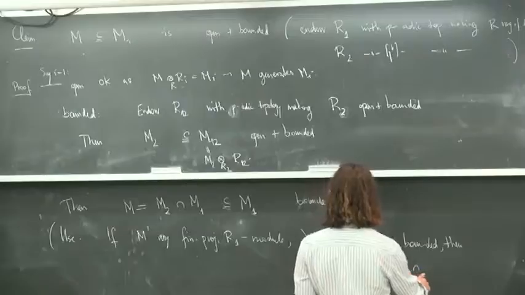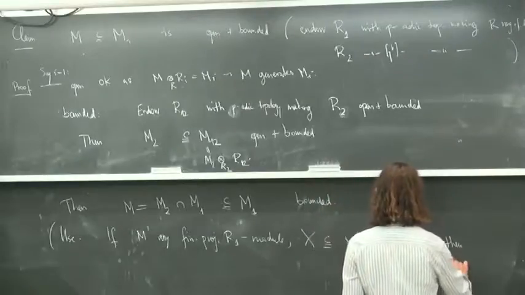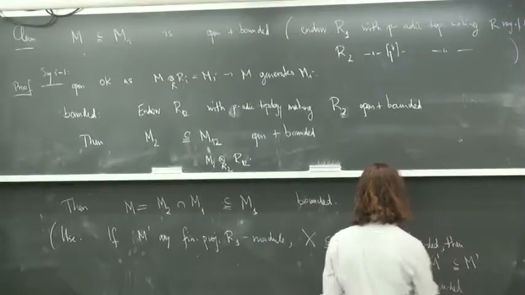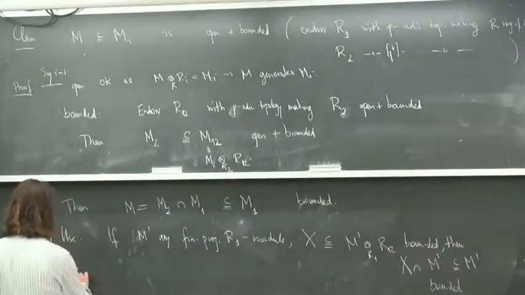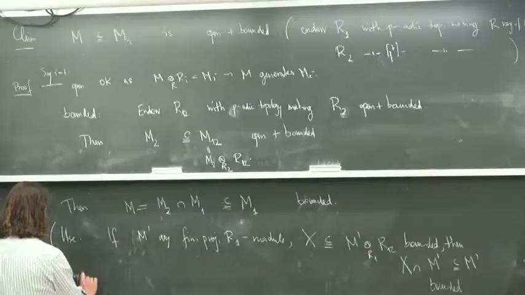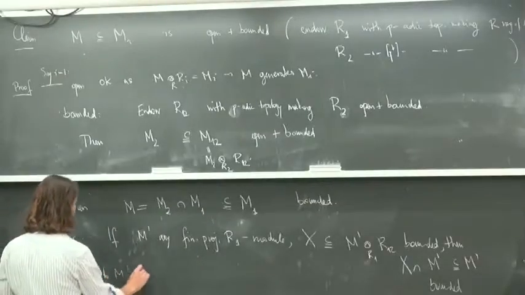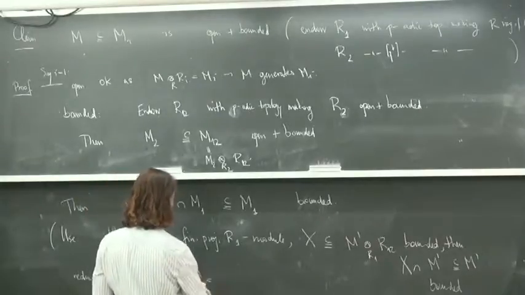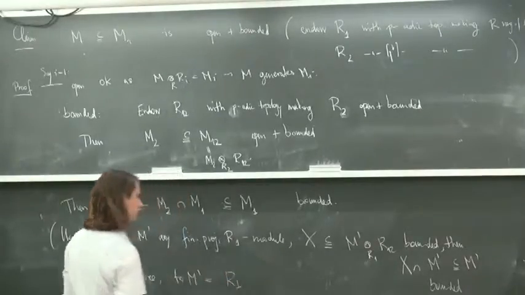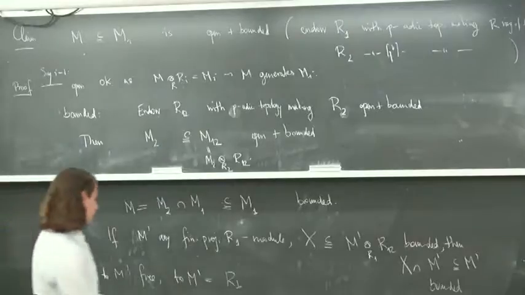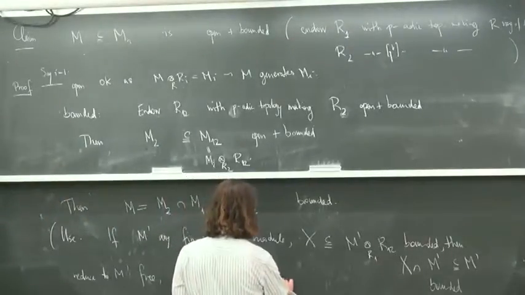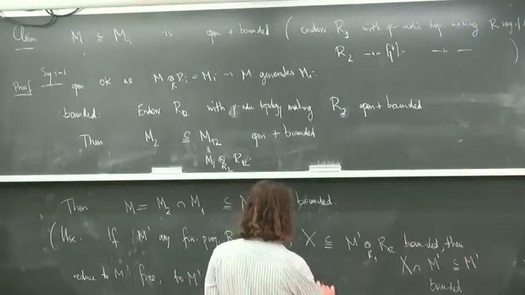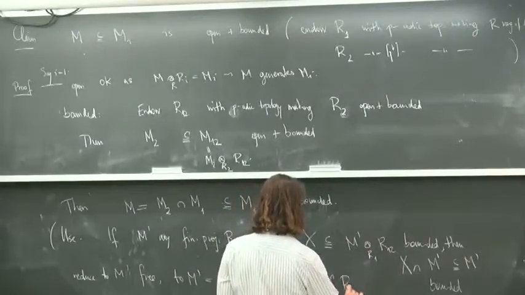Then X intersected with M prime is bounded. This you can reduce to M prime being free, thus to M prime being R1. And then X is contained in some p to the minus n times R12.